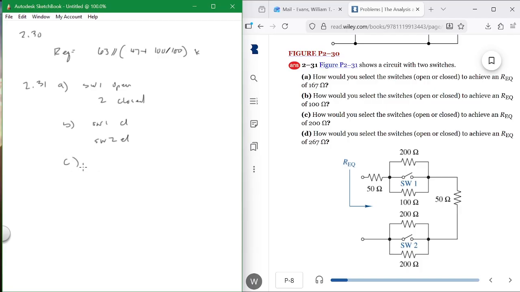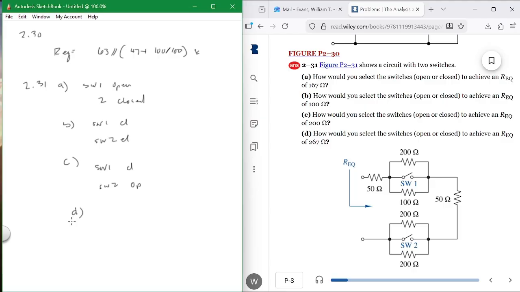Very good. C. 200. Switch 1 closed, switch 2 open. Any questions about that one?